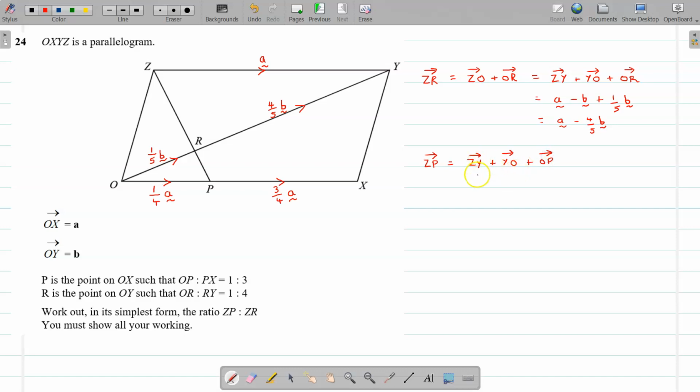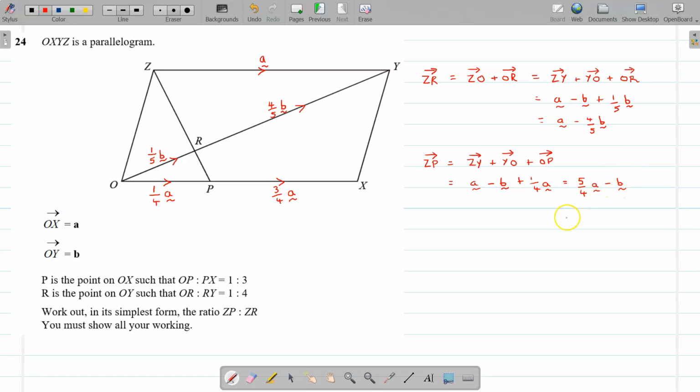Now using the lowercase letter notation, that gives me A minus B, as before, plus OP, which is 1/4 A. Let me just simplify that, that gives me 5/4 of A, because it's A plus 1/4 of A, plus minus B.